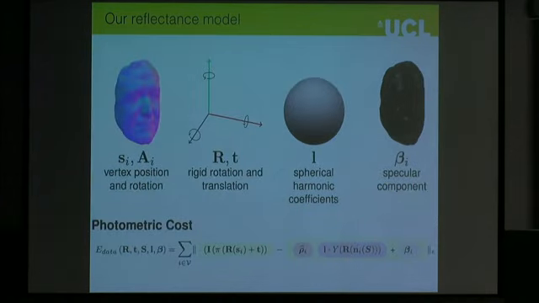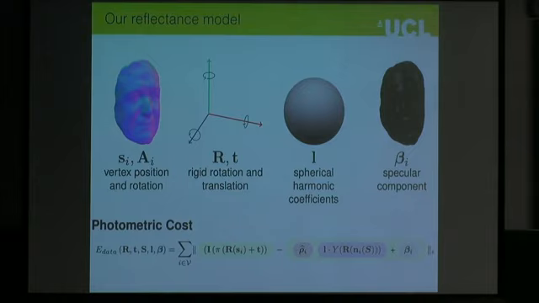So as I said before, these are now our unknowns: the vertices again, the per-vertex rotations, an overall rigid rotation and translation. We model the illumination using spherical harmonics, so we need to recover the coefficients, and then we have a specular component as well, per vertex.